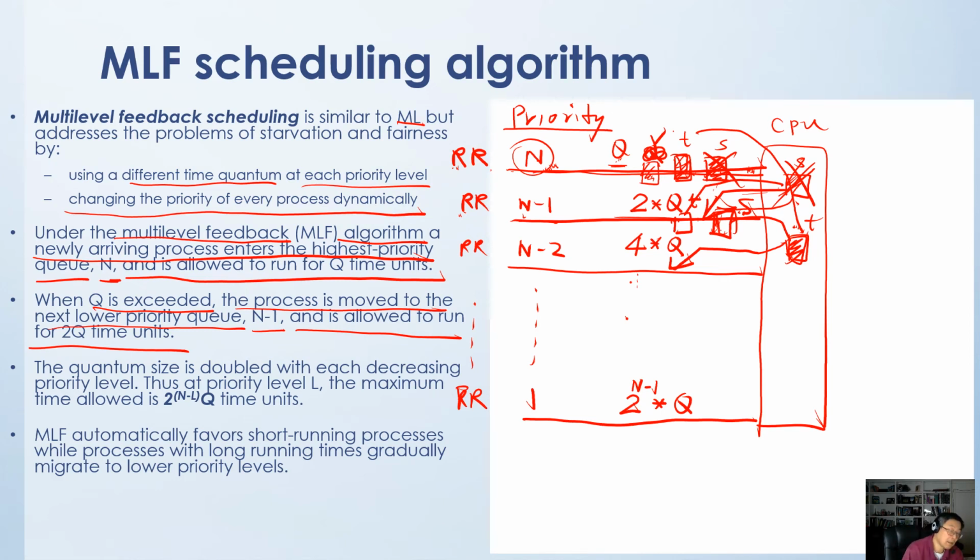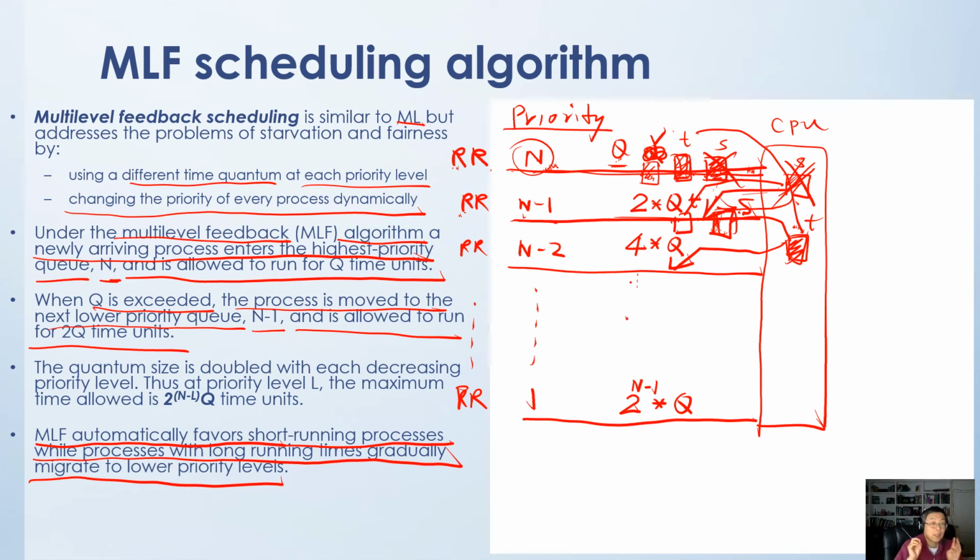Now let's see what's different between multi-level and multi-level feedback. Multi-level feedback automatically favors short running processes, while processes with long running time gradually migrate to low priority levels.